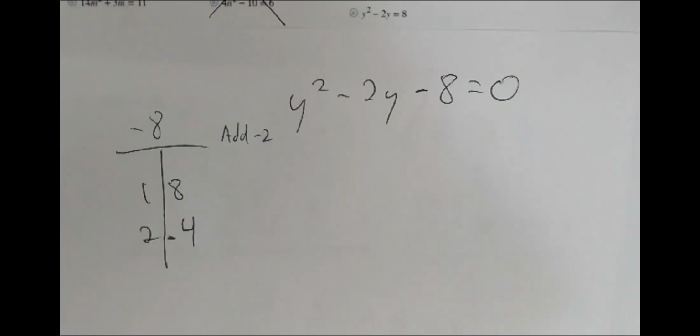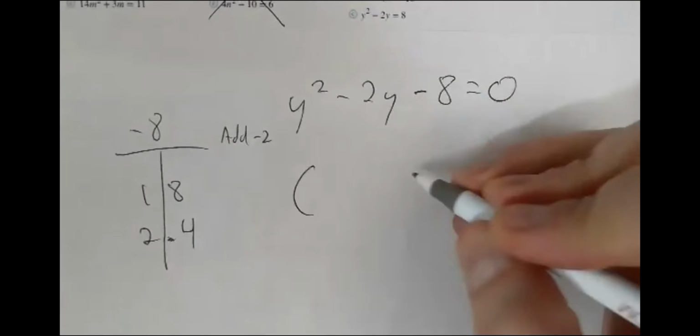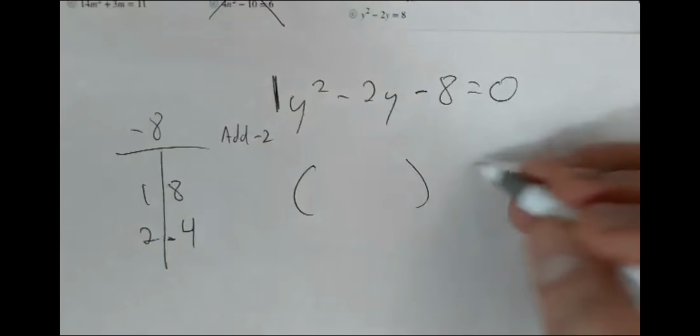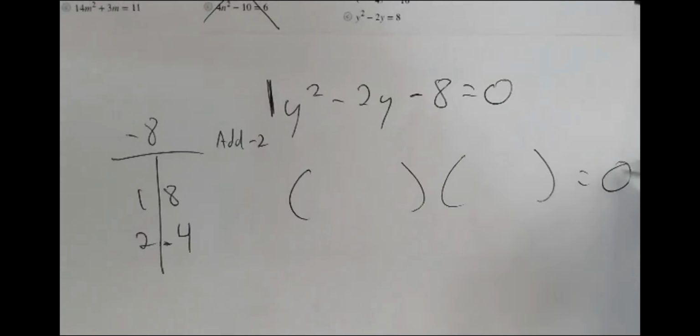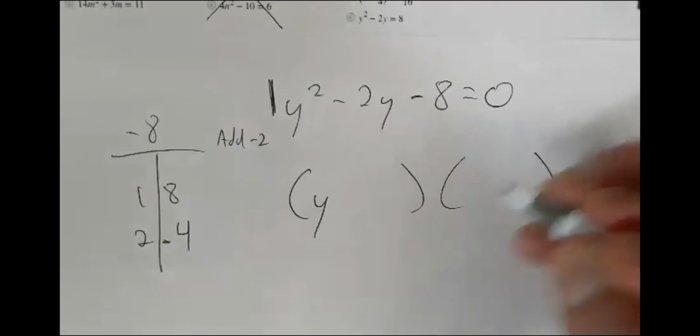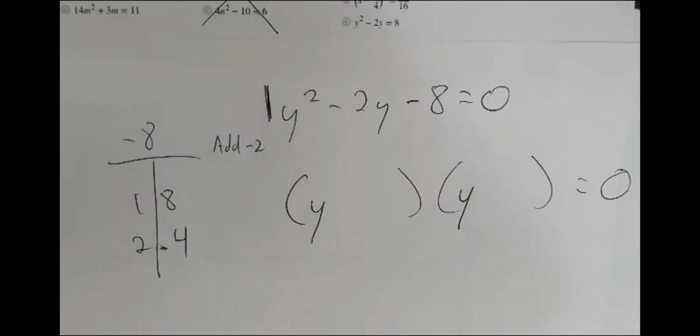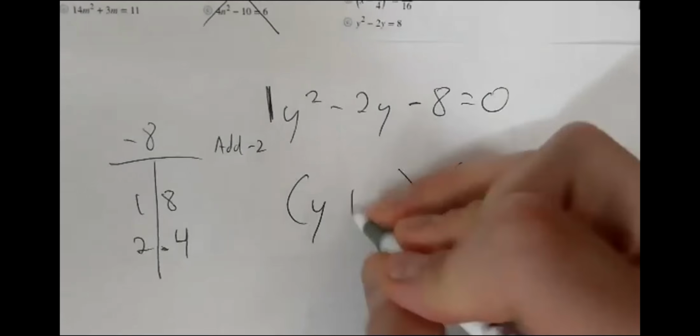Okay. How do y'all want to factor this thing? Do you want to break it up or jump? That's my question. I usually jump with the single. So this is going to be y plus 2 and y minus 4.